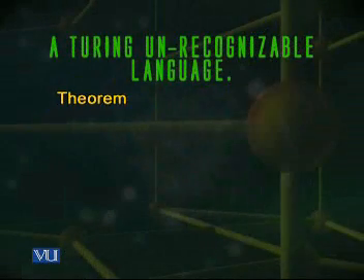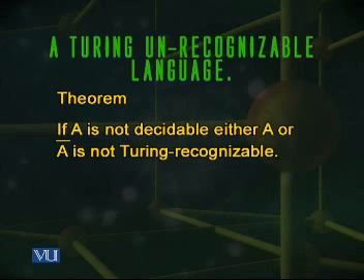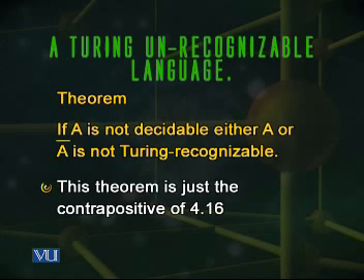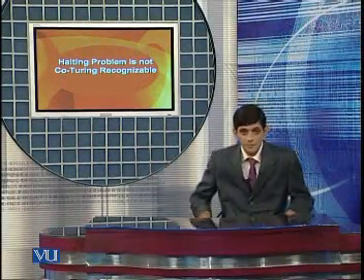This is another theorem that we will prove right now. It says that if A is a language and if A is not decidable, then either A or its complement is not Turing recognizable. We will see that this theorem is just the contrapositive of theorem 4.16. Let's suppose that A is not decidable.